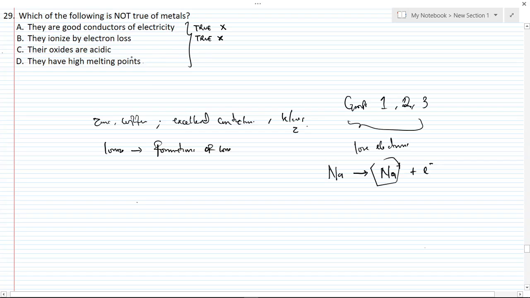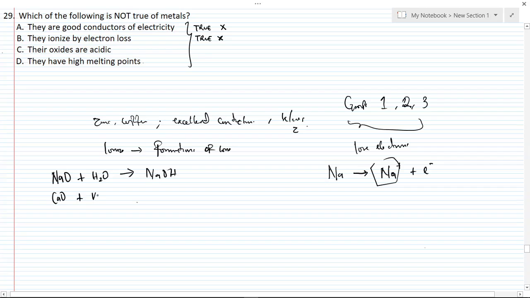Then option C, their oxides are acidic. So it means oxides of metals. Examples include Na2O, CaO. The way to test if an oxide is acidic or basic is to dissolve it in water. So we have sodium oxide plus water, which forms sodium hydroxide.